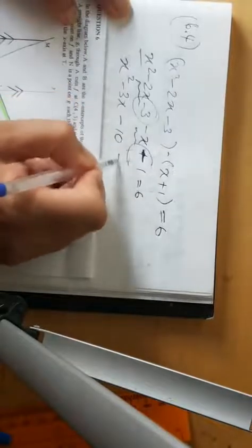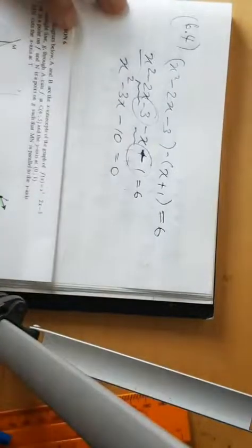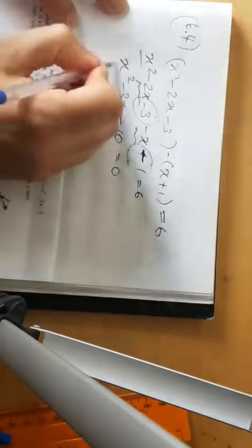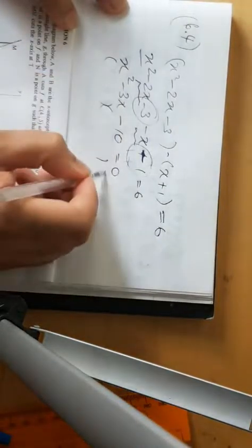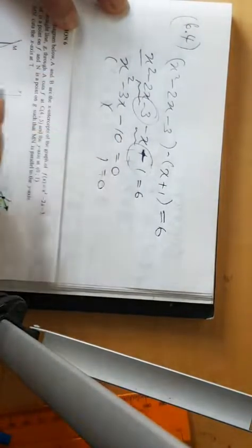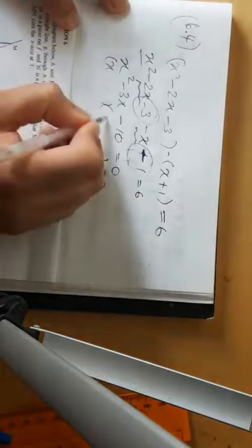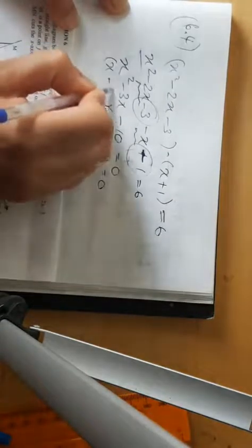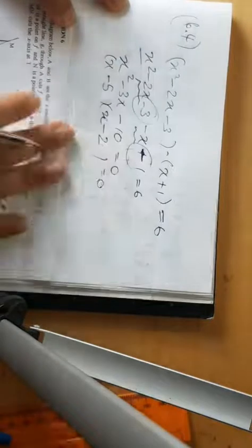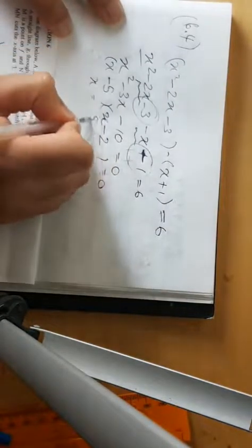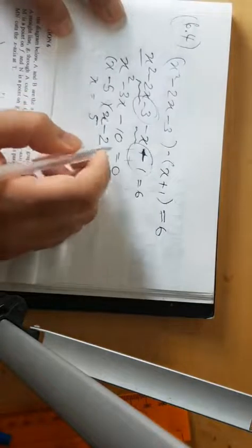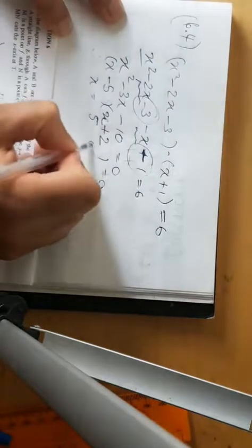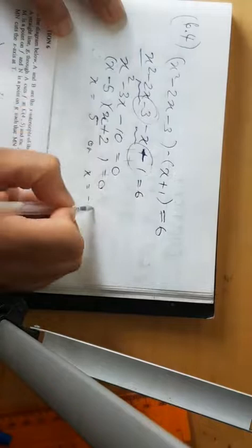If we take the 6 to the left side, it's negative 10, equal to 0. So let's start factorizing. It's going to be 2 brackets equal to 0, and it's going to give us x minus 5 and x plus 2. So one x value is going to be 5, and the other x value is going to be equal to negative 2.